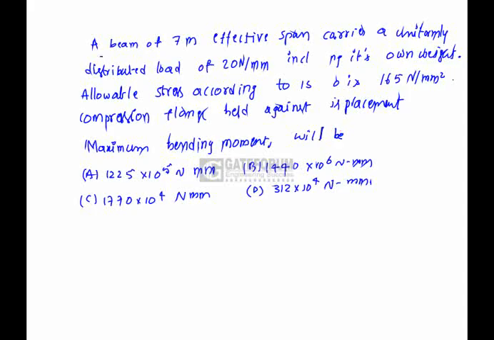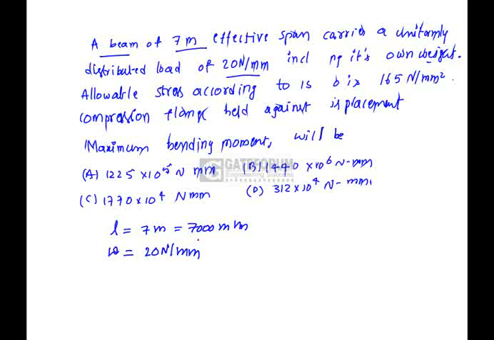Question is, a beam of 7 meter effective span, L is equal to effective span, that is 7 meters, that is equal to 7000 millimeters, carries a uniformly distributed load of 20 Newton per millimeter, including its own weight. So self weight is also included in it. So W is equal to 20 Newton per millimeter. Allowable stress according to IS 800 is given as 165 Newton per millimeter square.